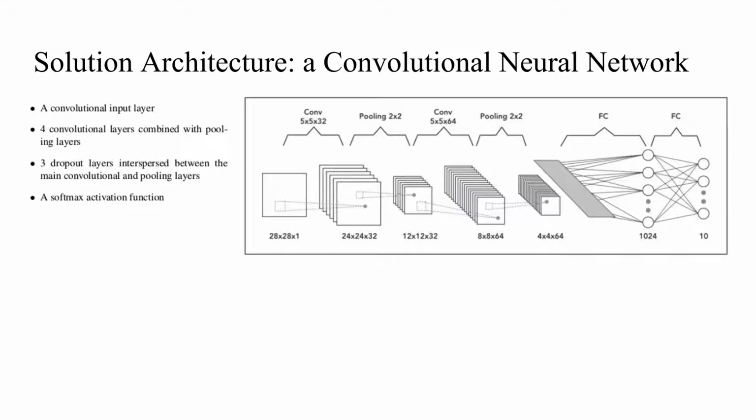Now, as far as the actual architecture, I have 4 convolutional/pooling layers. That's to say I have a convolutional layer and then a pooling layer back to back. And then I have 3 dropout layers interspersed within those convolution/pooling layers. And finally, a softmax activation function to output the final classes.